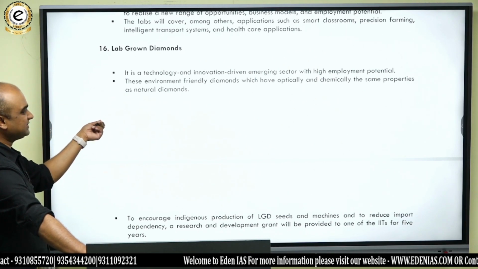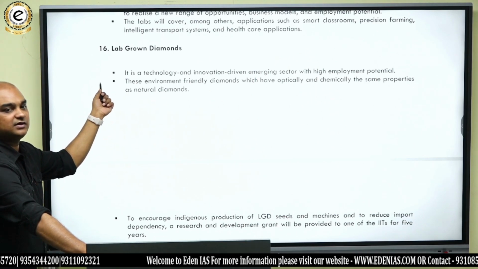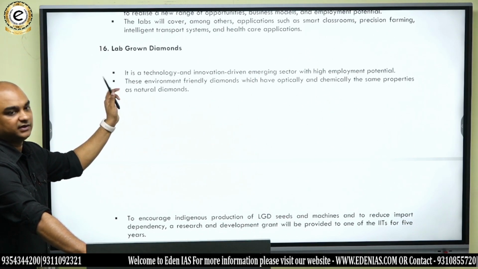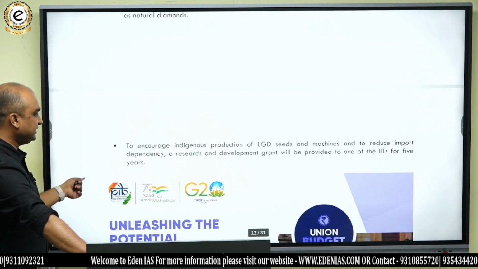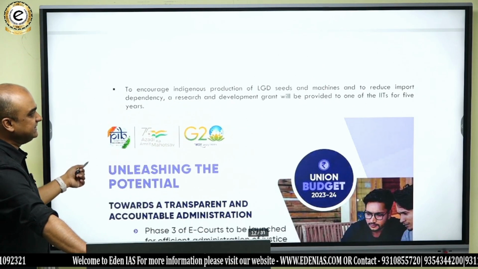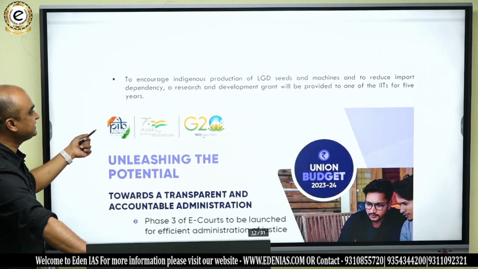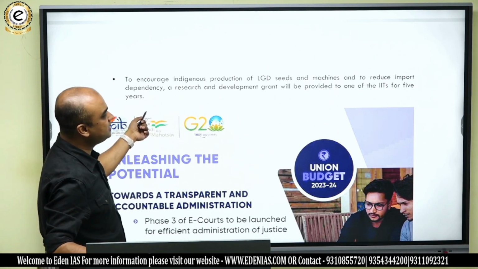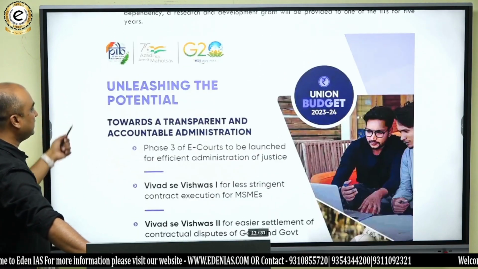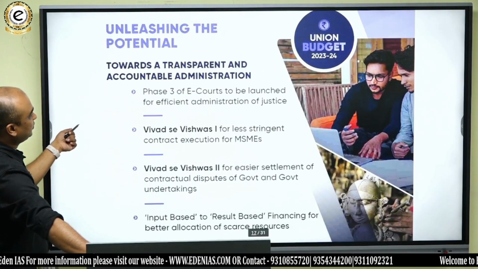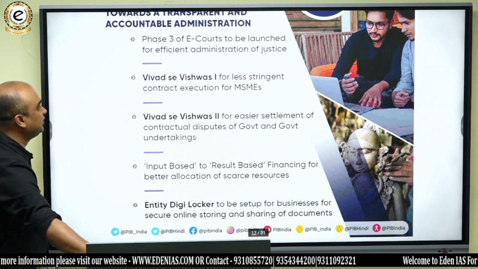So इस पे question ऐसे आ सकते हैं that they are optically similar to natural diamonds but not chemically. इस तरीके का कोई स्टेटमेंट आ जाए, ठीक है। To encourage indigenous production of LGD, lab grown diamonds, seeds and machines, and to reduce import dependency, a research and development grant will be provided to one of the IITs for 5 years.